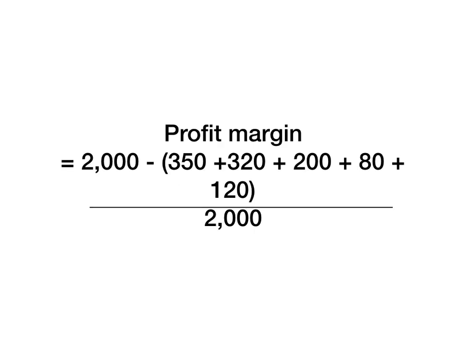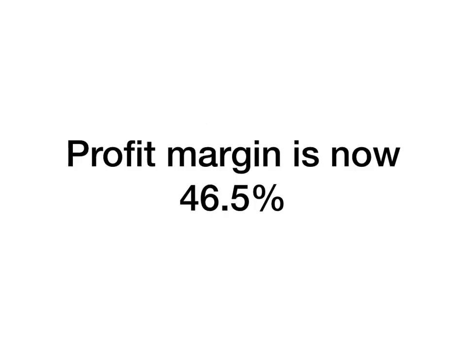Now we have net sales of 2000 minus 350 minus 320 minus 200, the doubled taxes, minus 80 minus 120 divided by 2000. This gives us a profit margin of 46.5%. Wow, just doubling the sales more than doubles the profit margin.